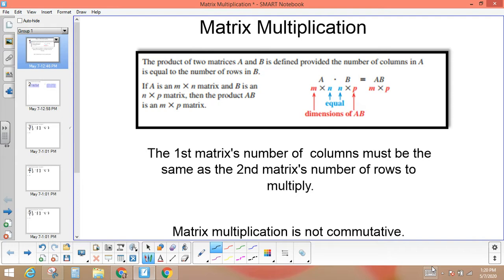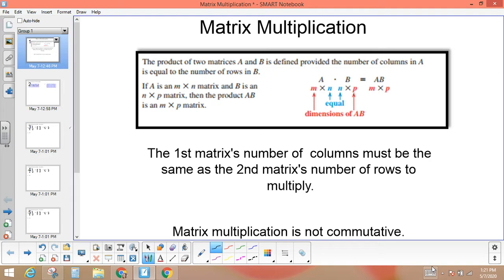So you're going to multiply a row by a column and get a number, and multiply a row by a column and get a number, which will make a lot more sense when we do some examples in a minute. But what I'm trying to make you understand is that when you're multiplying matrices, the rows and the columns have to match up in order for things to work. They don't have to have the same dimensions like with addition.